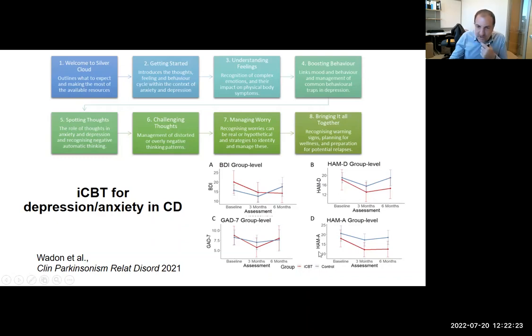Although there were differences across different rating instruments. So this is a pilot study. The difference fell just below the level of statistical significance, but overall, these studies provide some promising preliminary results that at least in a good proportion of these patients, the use of internet-based CBT might be beneficial.